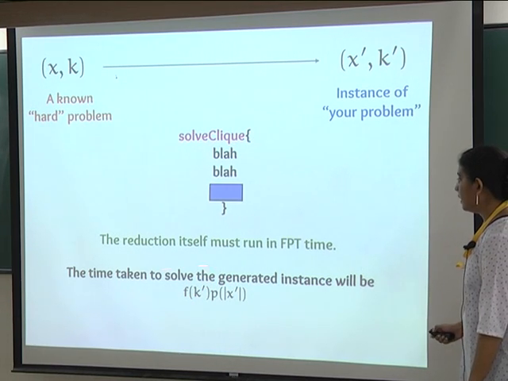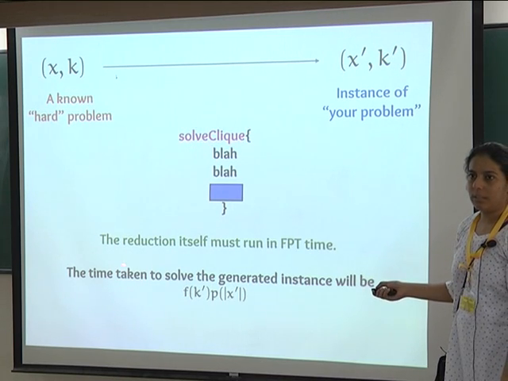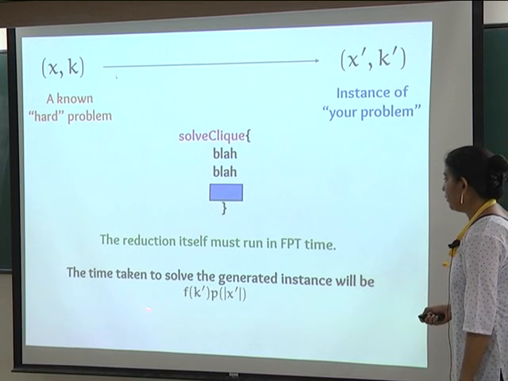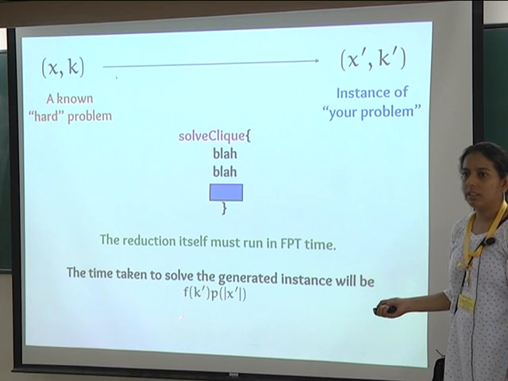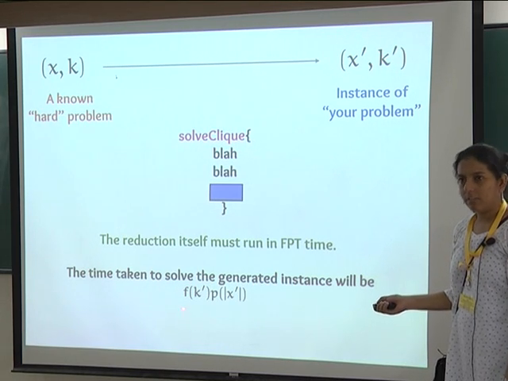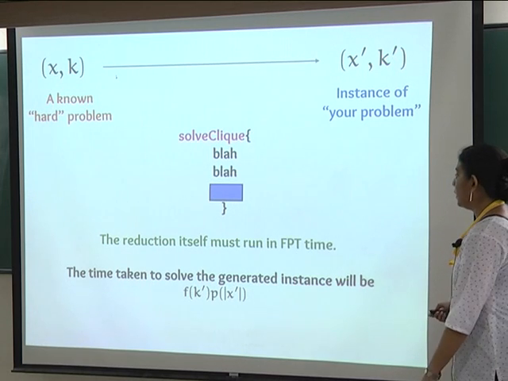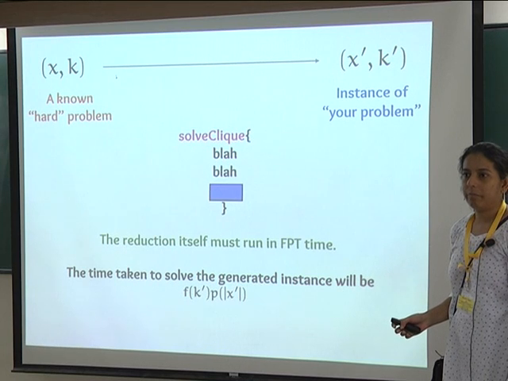Now, this has to be FPT in the original instance, right? Because that's what you need for the contradiction. So for this to be FPT, f of k prime must in particular be a function of k, which is the original parameter. In particular, this means that you cannot make k prime a function of n.